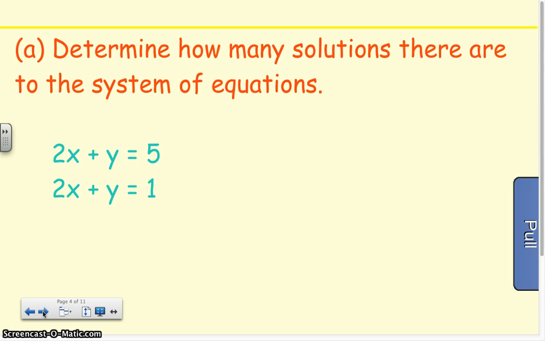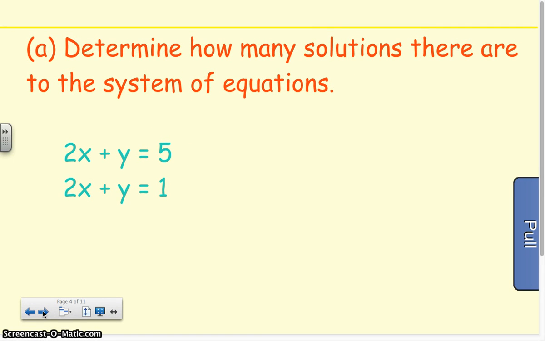All right, one of the concepts that you'll be asked to identify is how many solutions there are to a system. So I'm going to have you just solve it the normal way. If I have 2x plus y is 5 and 2x plus y is 1, I'm going to go ahead and cancel out my x by changing the sign. Again, I want them to be the opposites of each other.